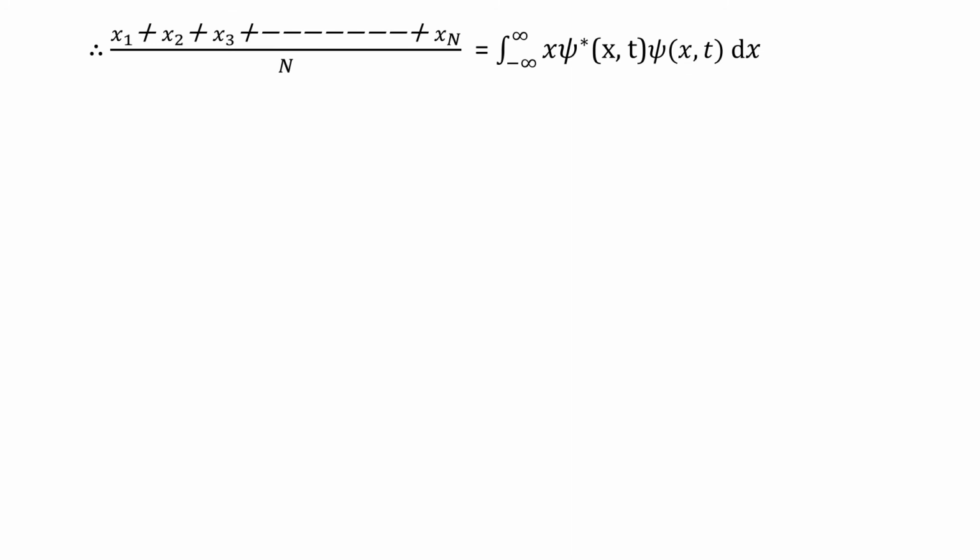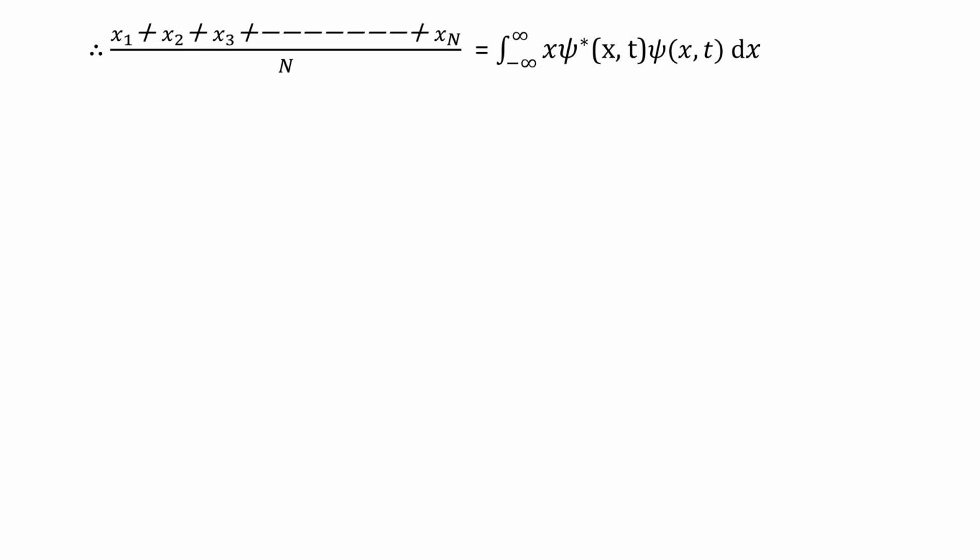It gives the sum of positions of all n particles along the x-axis divided by the total number of electrons, equal to the integration from minus infinity to plus infinity of x psi star(x,t) psi(x,t) dx.